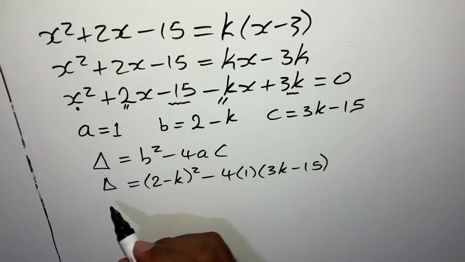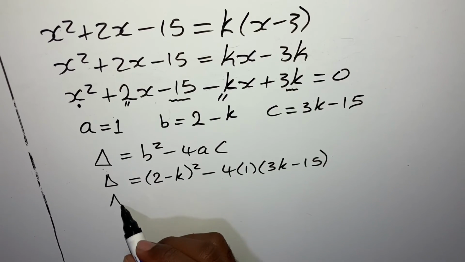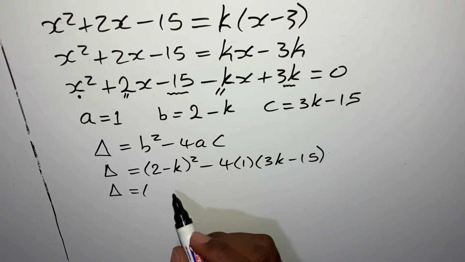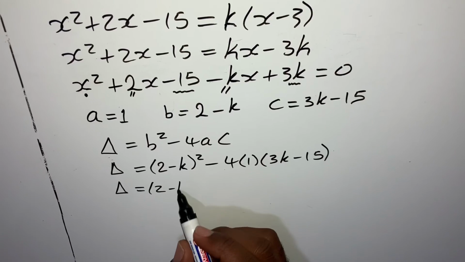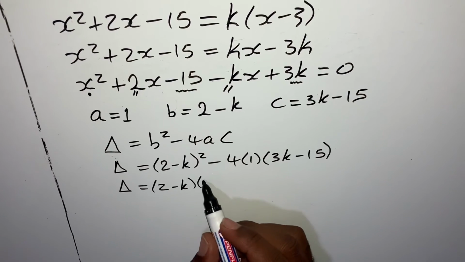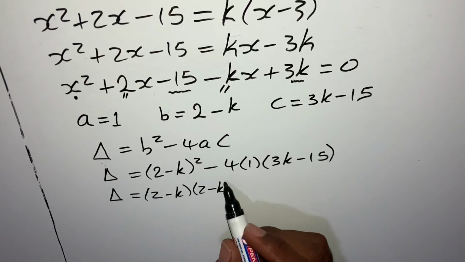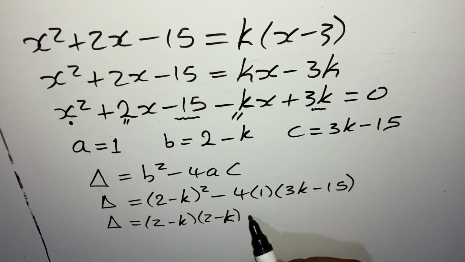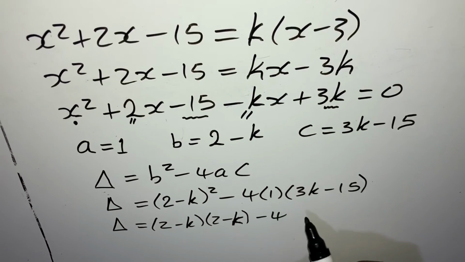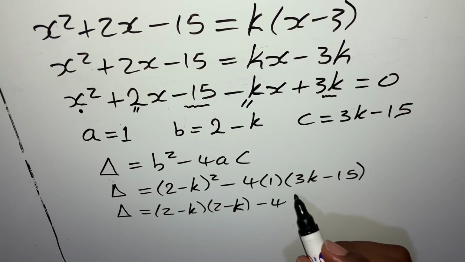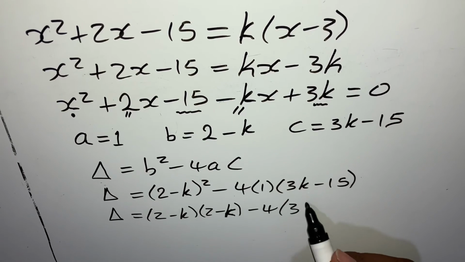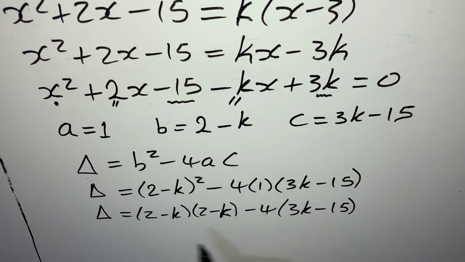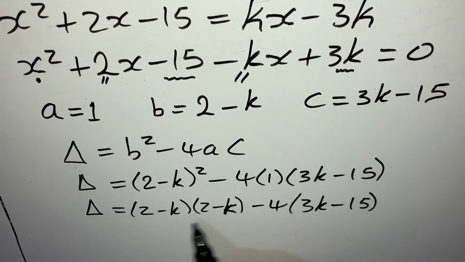Then delta is equal to the same bracket twice, which is (2 minus k)(2 minus k), minus 4 into (3k minus 15).